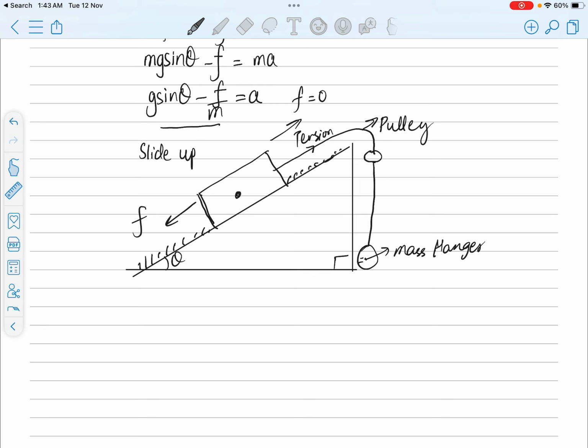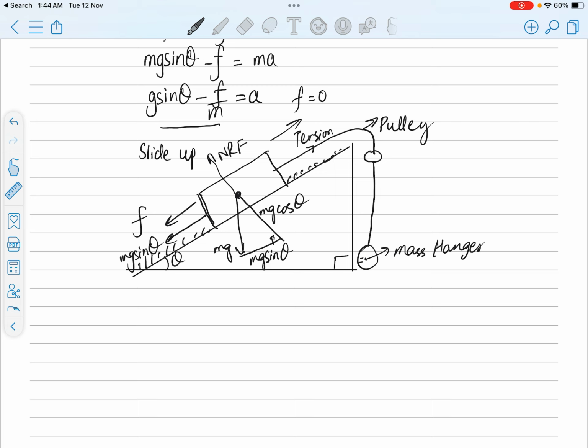As usual, we have our component mg. This is mg cos theta. This is the normal reaction force. This is mg sine theta.